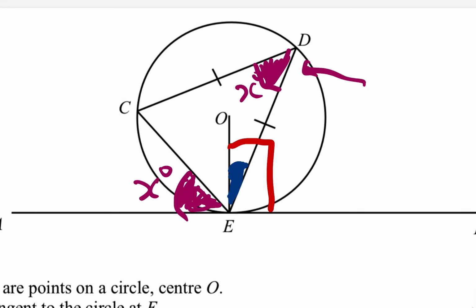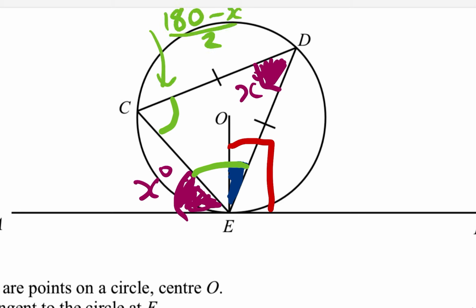Brilliant. So now we know the top angle in the isosceles triangle is X, and we also know that the two base angles in an isosceles triangle have to be equal. So each of these two angles has to be the same, and they are both equal to 180 minus X, divided by 2.